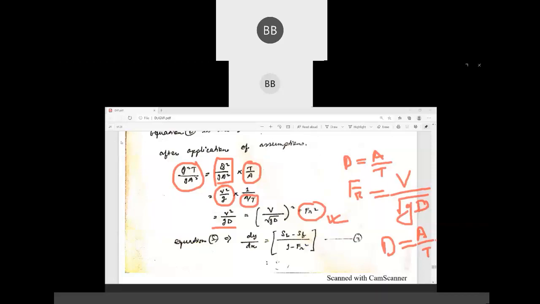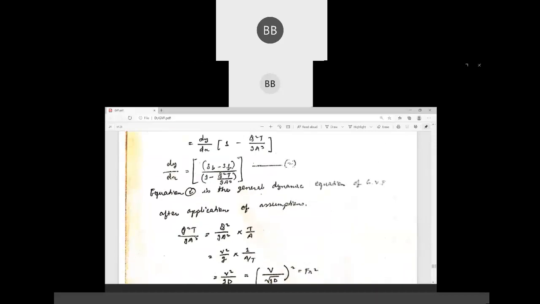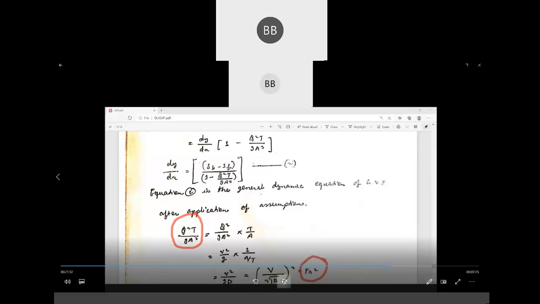That means here in equation 2, that Q square T by gA cube, you can replace with Fr square. Then we will discuss in the next class.